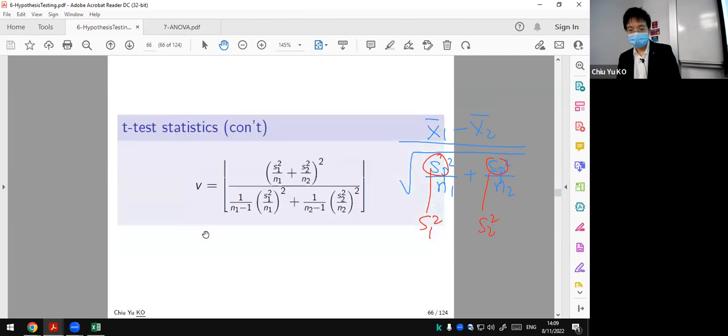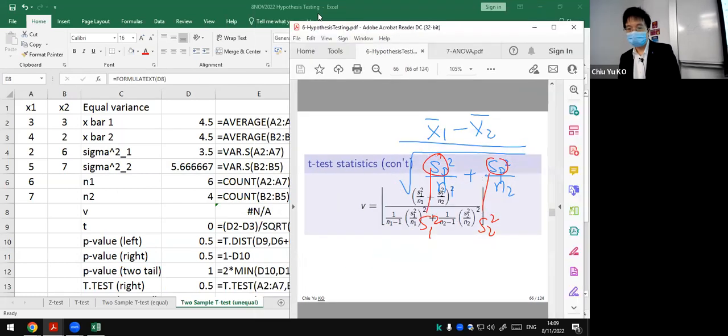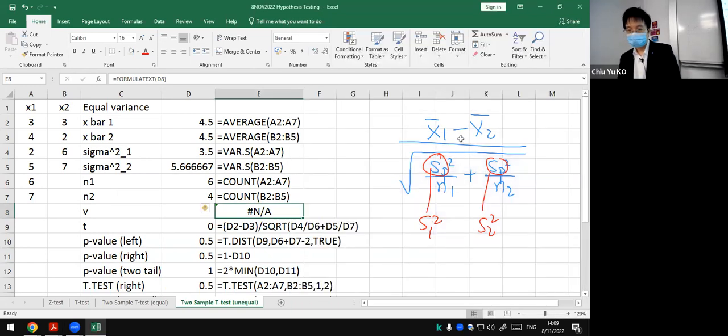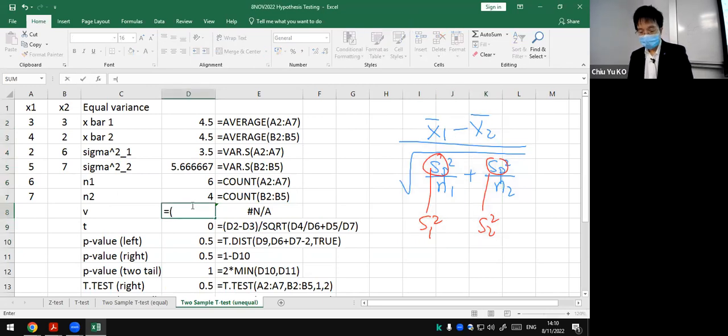So this is the formula. Okay, S1 squared over N1. Let's do that in our formula here. So that would be S1 squared over N1, and this is square.